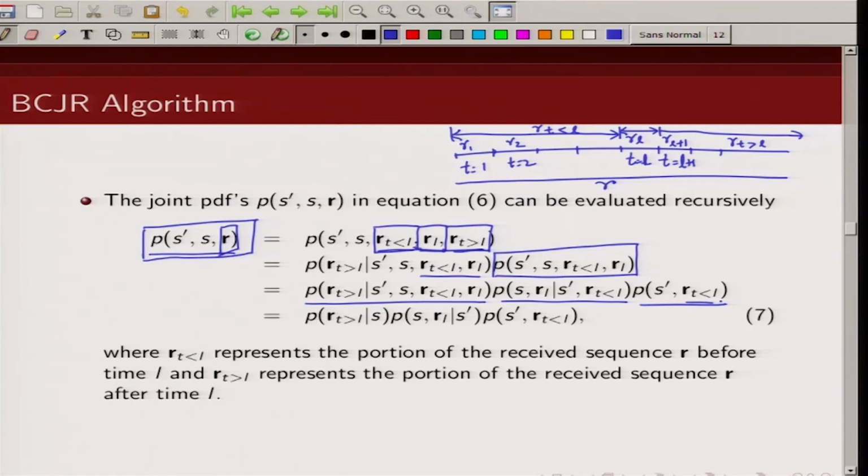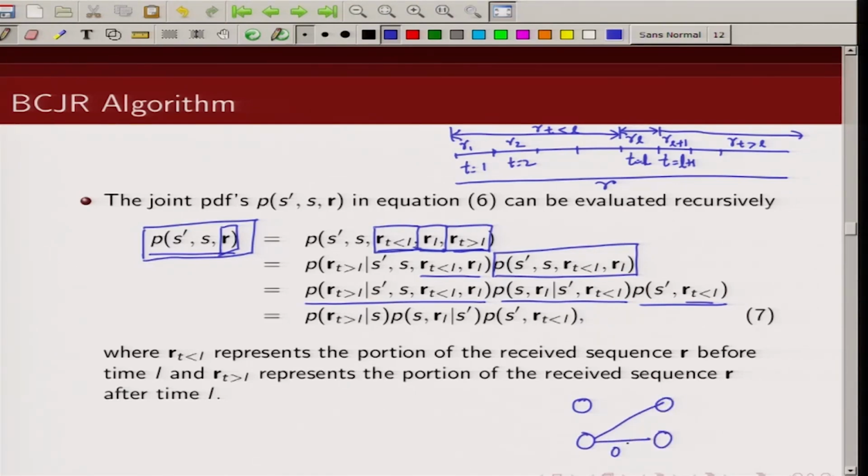Okay. Now, let us look at this. Probability of R when t is greater than L given initial state S prime, next state S, and the received sequence before L and received sequence L. So, let us look at the trellis diagram at time L. Let us take this example of a 2 state code.